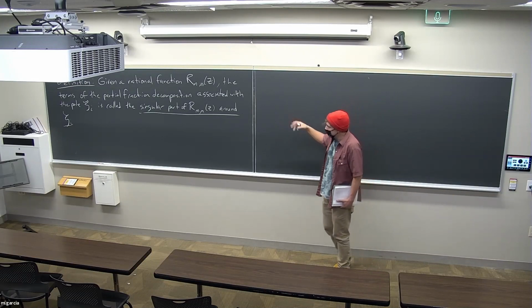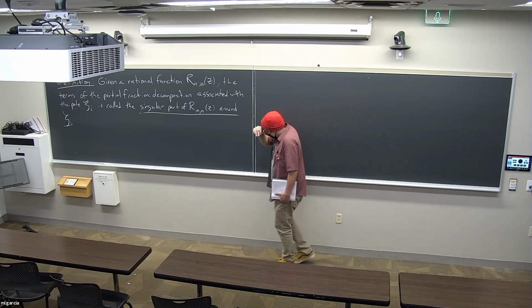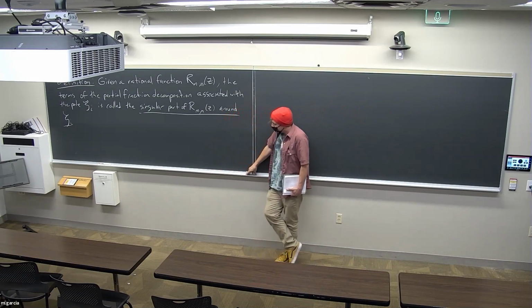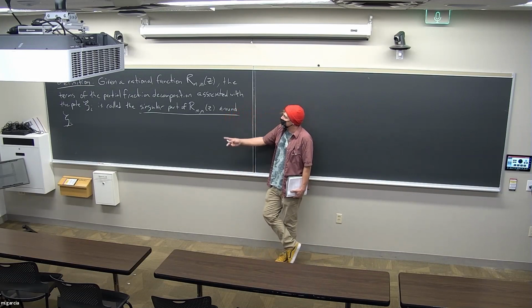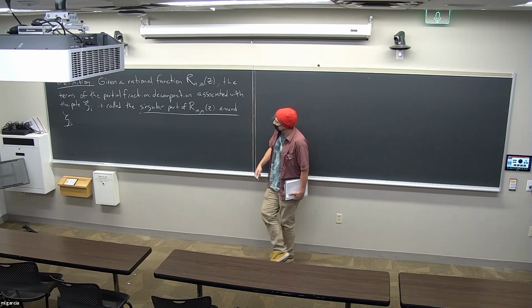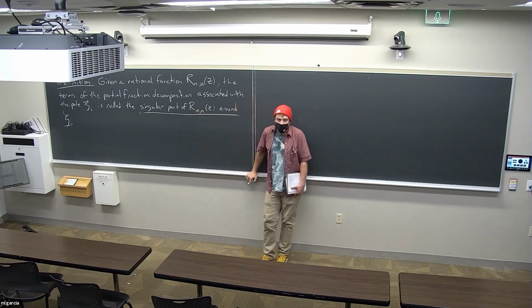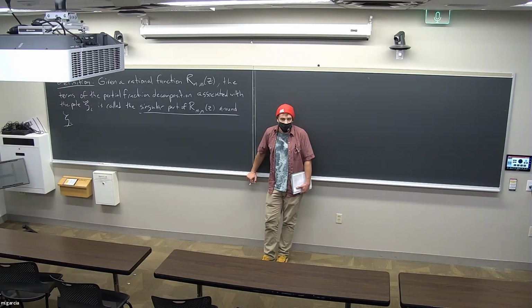But the gist of the proof is that we can use the Taylor expansion to show that when we subtract the singular part of the partial fraction decomposition for each pole from r sub m comma n, we get the zero polynomial, basically by the bound on error that Taylor polynomials give us. So that's the heart of it.